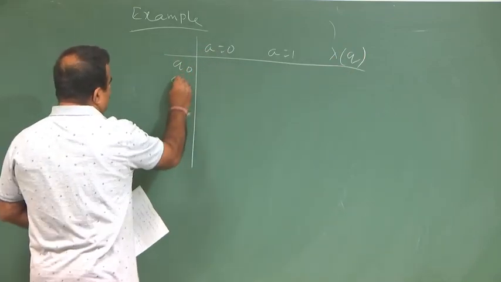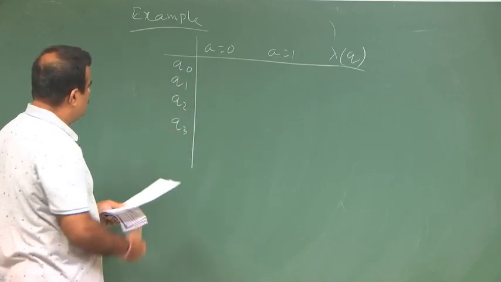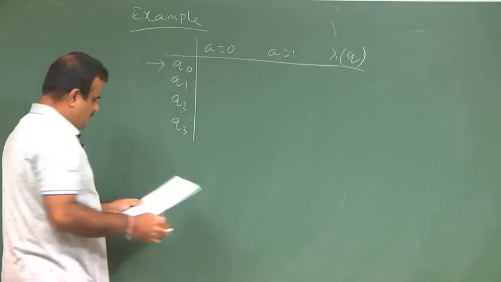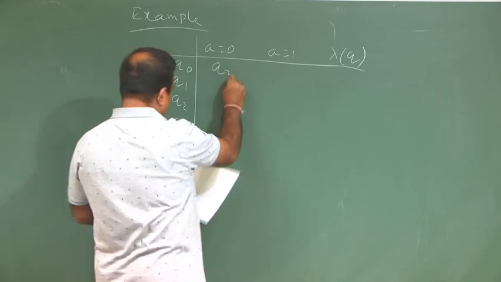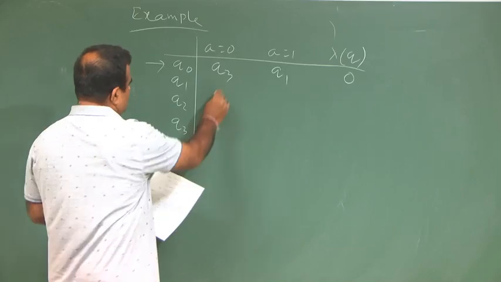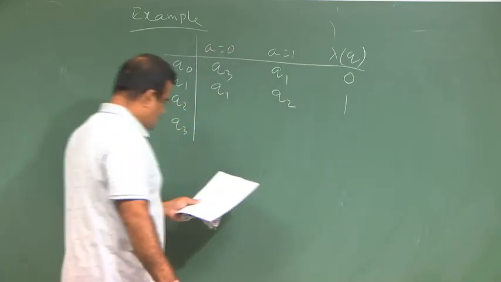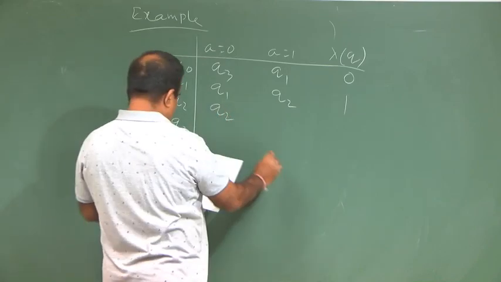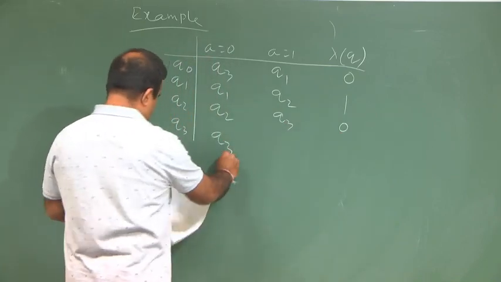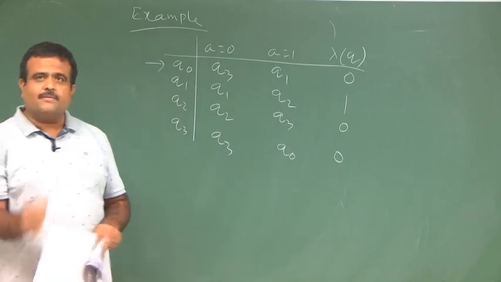There are 4 states over here, q0, q1, q2, q3, and this is the starting state. So this is q3, the earlier example, 0, q2 1 and q2 q3 0 and q3 q0 0. Okay.